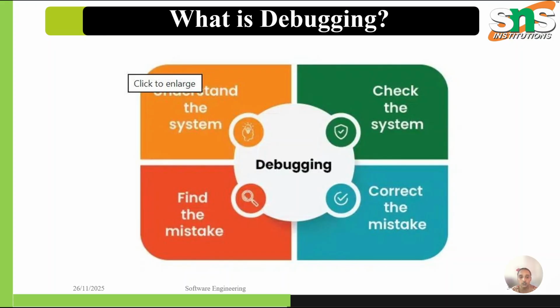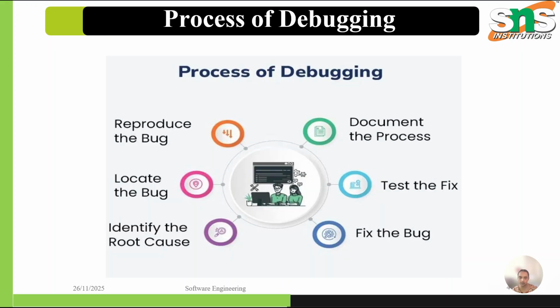Then we can find the mistake in the particular product or project. After we find the mistake, we use some testing to rectify it, and then we correct the mistake. That is called debugging.